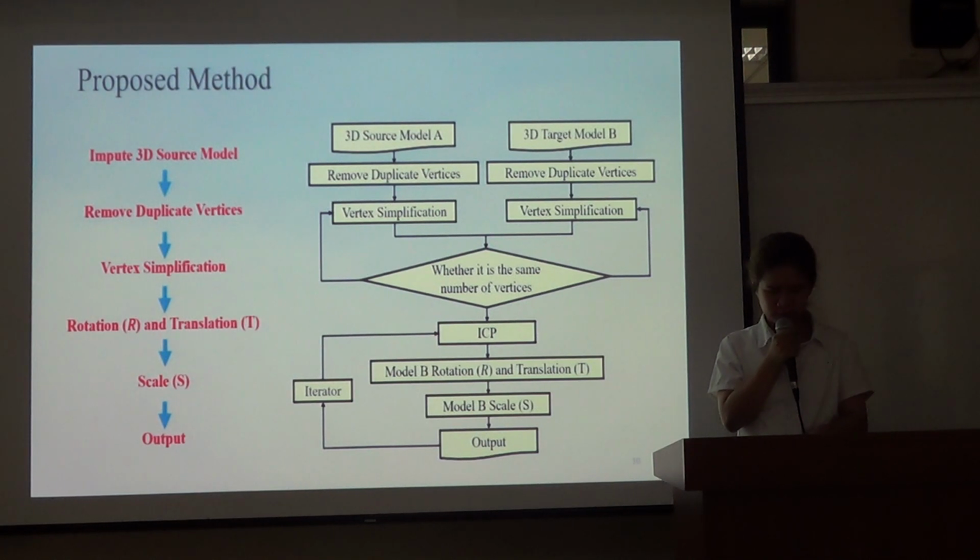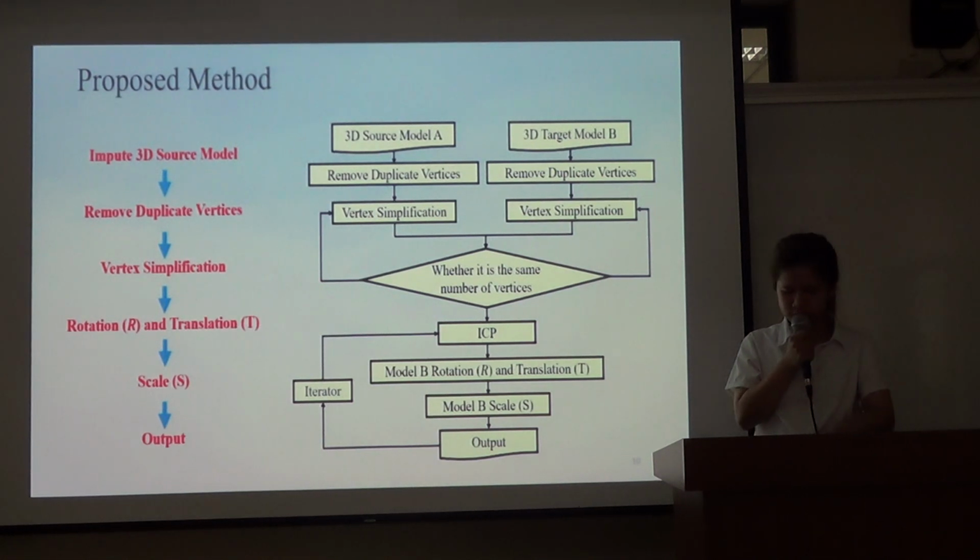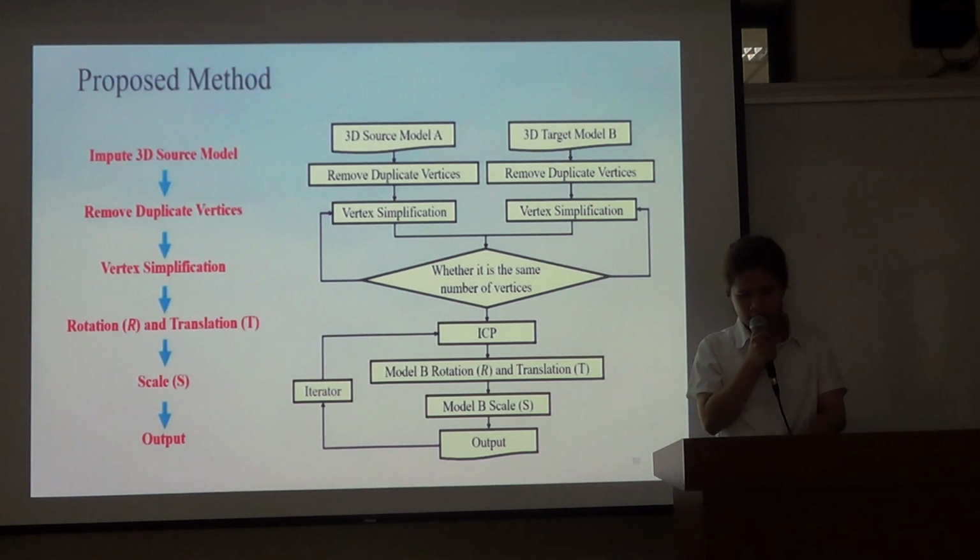The process is repeated until the distance between the human body mesh and the new custom mesh of each iteration is below a threshold. We then have rotation R and translation T, which make the human body mesh and the new custom mesh closer.